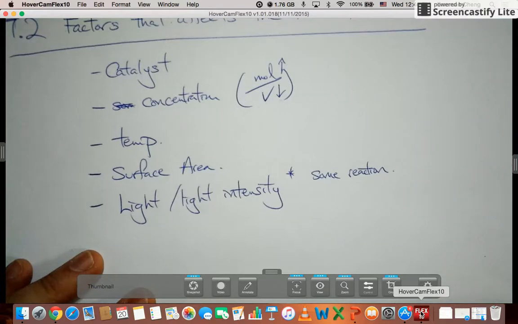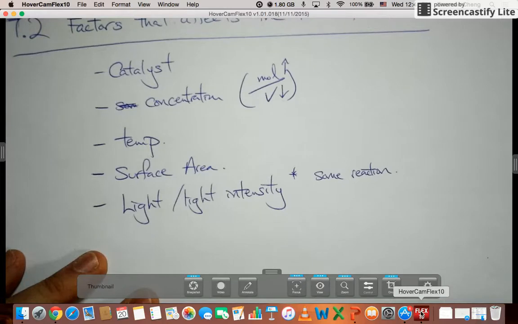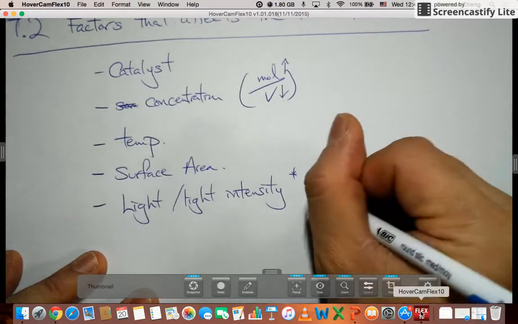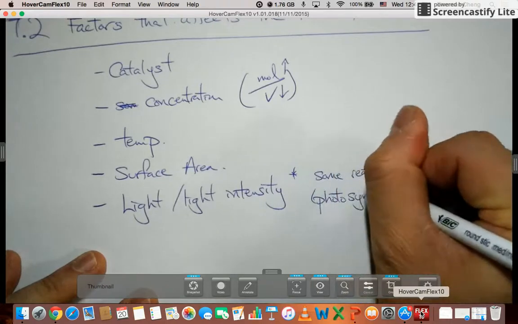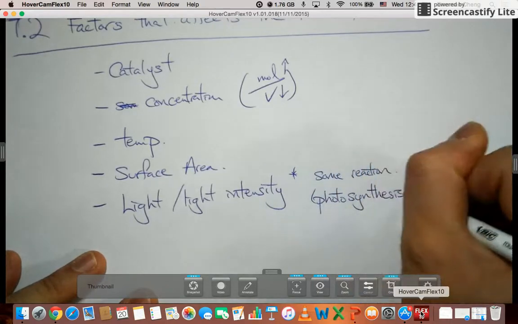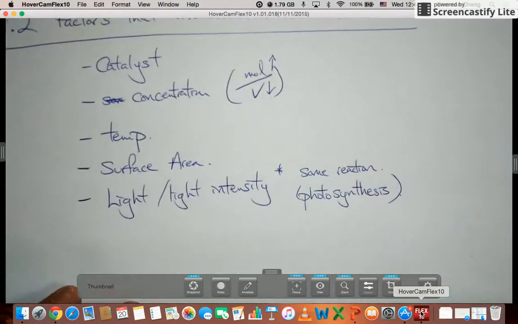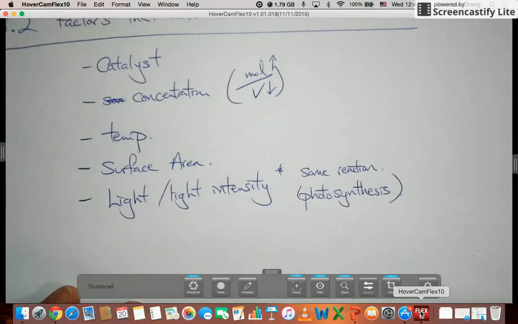Can anyone tell me one reaction that light intensity will affect the rate of? Yes. Photosynthesis. Thank you very much. That's why in some countries where there's more sunlight, things just grow that much faster.